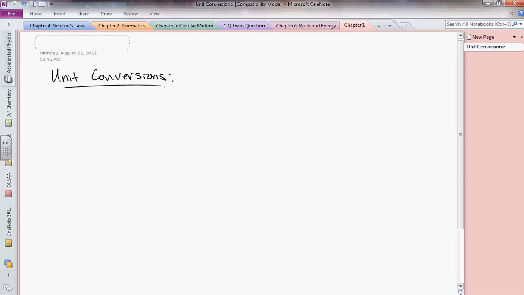Now, why would we want to do this? Well, for instance, in physics, a lot of the equations that we use require us to use constants or well-known values, and these constants or well-known values have specific values and they're based on units. For instance, the acceleration due to gravity at the surface of the Earth is 9.80 meters per second squared.